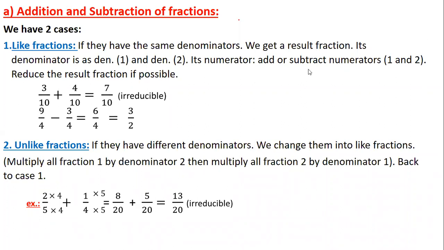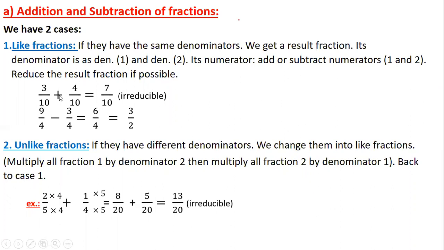When we talk about addition and subtraction of fractions, whenever we see two fractions with a plus or a minus in between, we should make sure whether the fractions are like fractions or unlike fractions. What do we mean by like fractions?